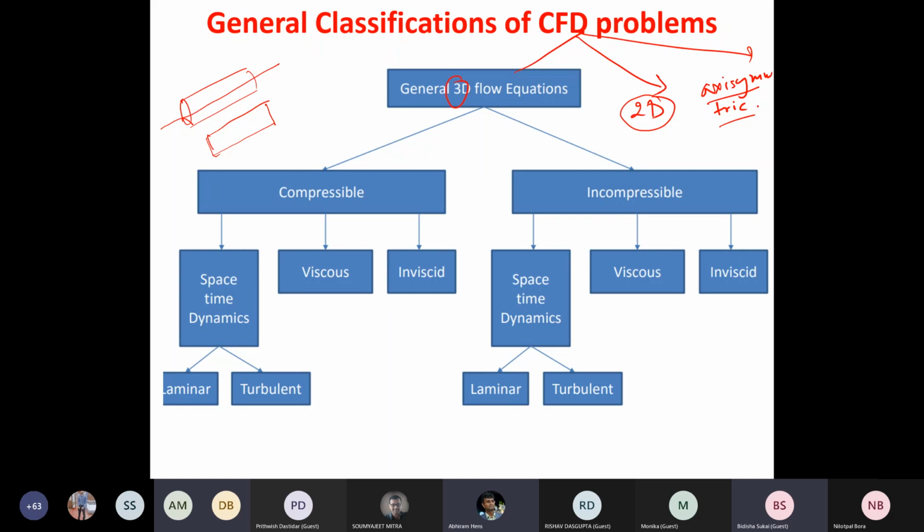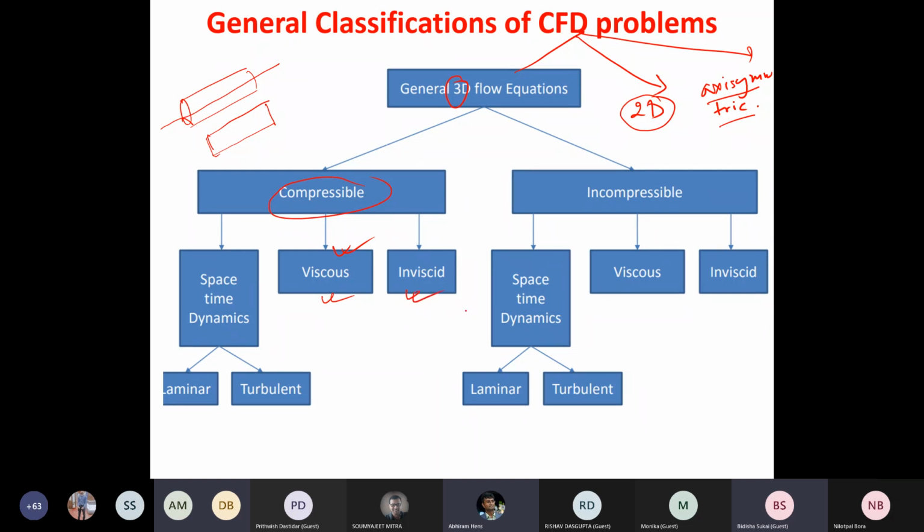That will change the entire dynamics, so that is a completely different thing. That is why this is compressible fluid dynamics. And here it can be viscous or inviscid. Viscous means viscosity is present and viscous force is important. If the flow is so fast that viscosity has no impact, then it can be considered inviscid.